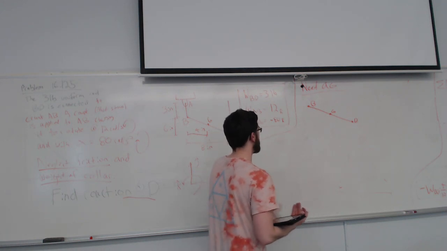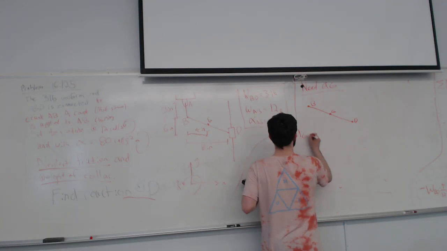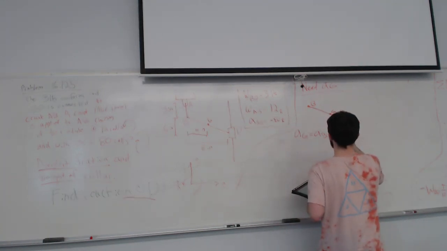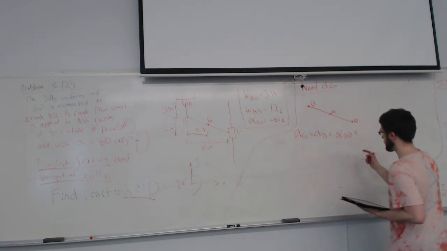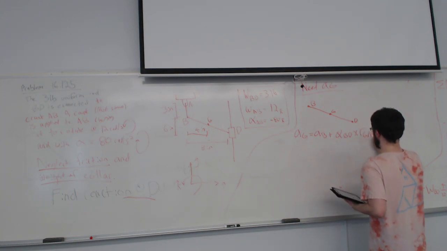So now I have a ton of information and I can write this base equation. Acceleration of g equals the acceleration of b plus alpha bd, we just found that, crossed with the position vector g with respect to b.